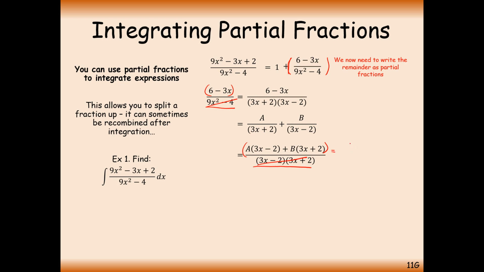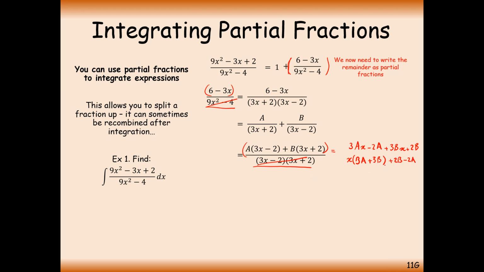On the top, we'll have 3Ax minus 2A, and we'll have 3Bx. Factorizing the x, we'll have 3A plus 3B, and the constants remain to be positive 2B minus 2A.